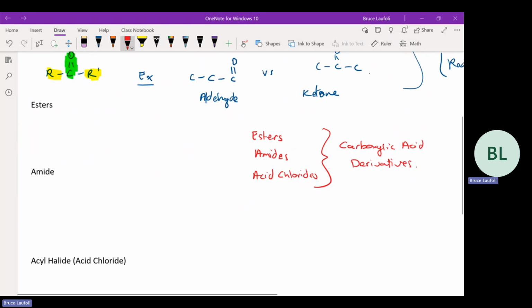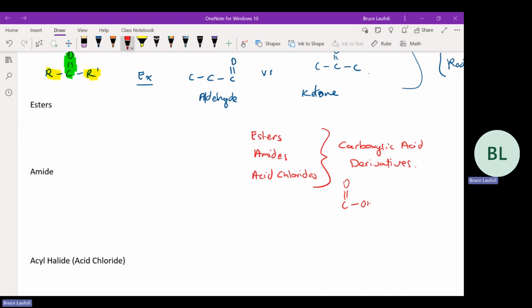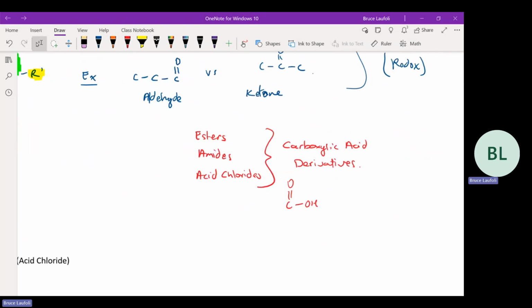Okay, and the reason why is because if we look at a carboxylic acid, essentially what is happening with these carboxylic acid derivatives is that this is going to be replaced with something else.